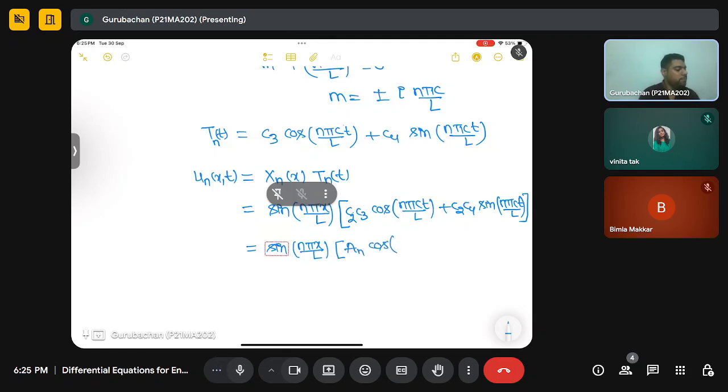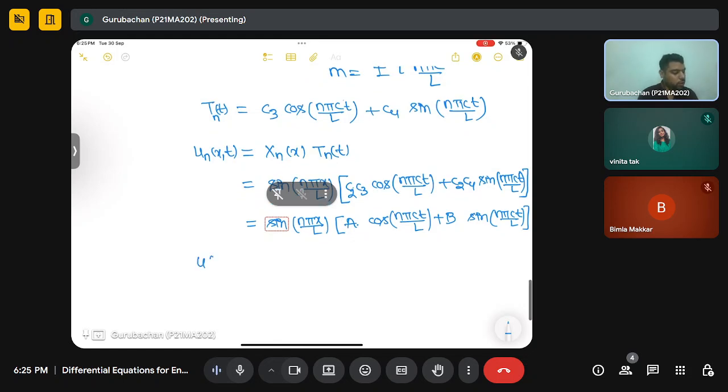So for the time being, let me mention them as a and b. Later on I will let you know why I am writing subscript n here. So this is your u_n(x,t). What will be your u(x,t)?